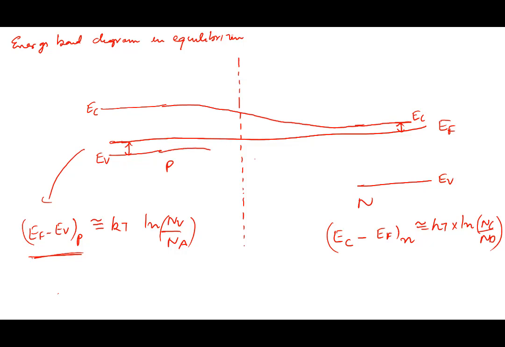We don't know exactly how it goes, because there's no way to find out the exact mathematical variation by which EC varies with x. We are drawing a qualitative diagram. Quantitatively, we have to solve the Poisson's equation. How EC goes is the same thing as how potential goes, and we have to find that out.